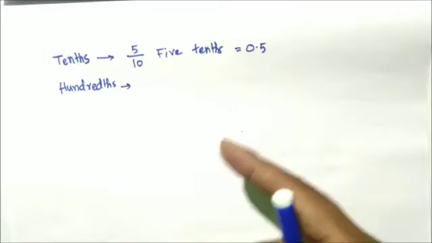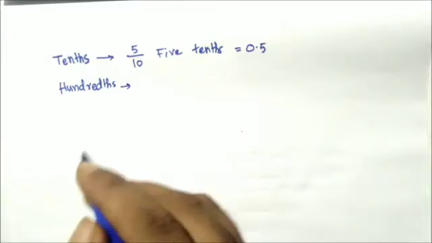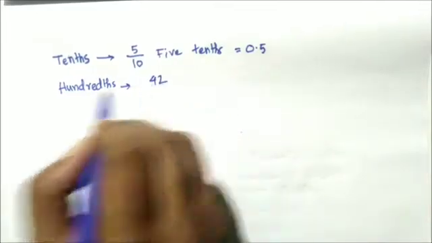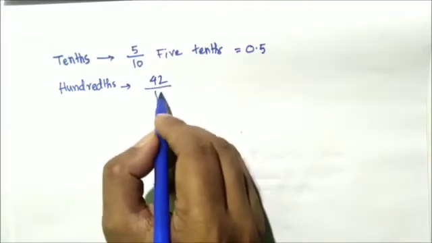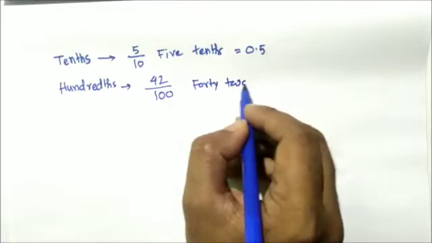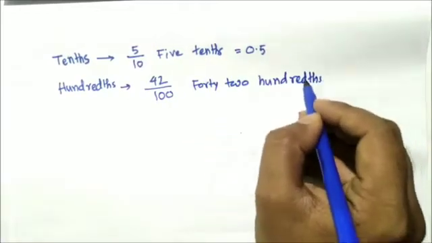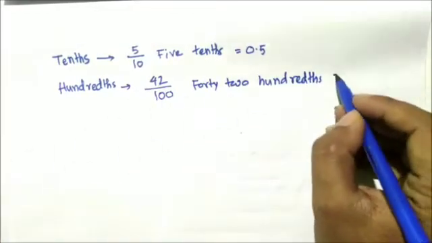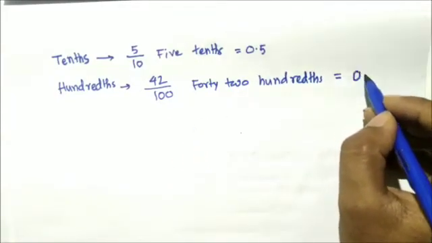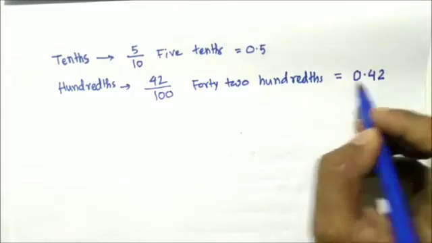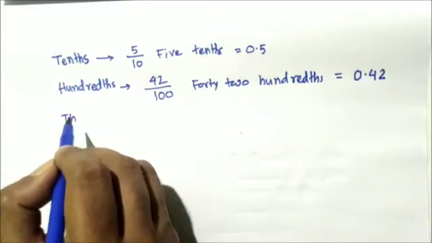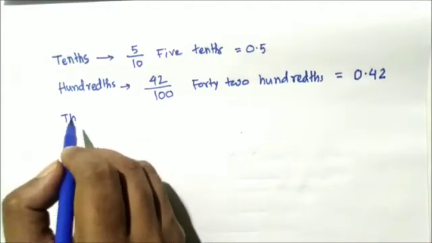So if you have 100 small boxes, and out of these 100 small boxes you have colored 42 boxes, so 42 out of the 100 boxes you colored, we can write 42 hundredths, and this can be written in the form of a decimal as 0.42, right?